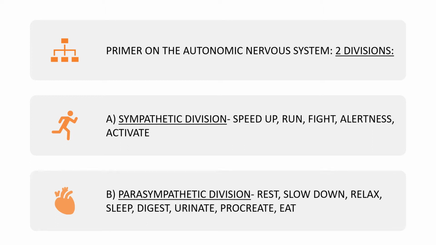Your muscles are getting more blood flow. Your eyes, the pupils are dilating. So it's an activating system. Okay, so we call it a fight or flight system, meaning you're being activated to either face what's going on or run away from it.